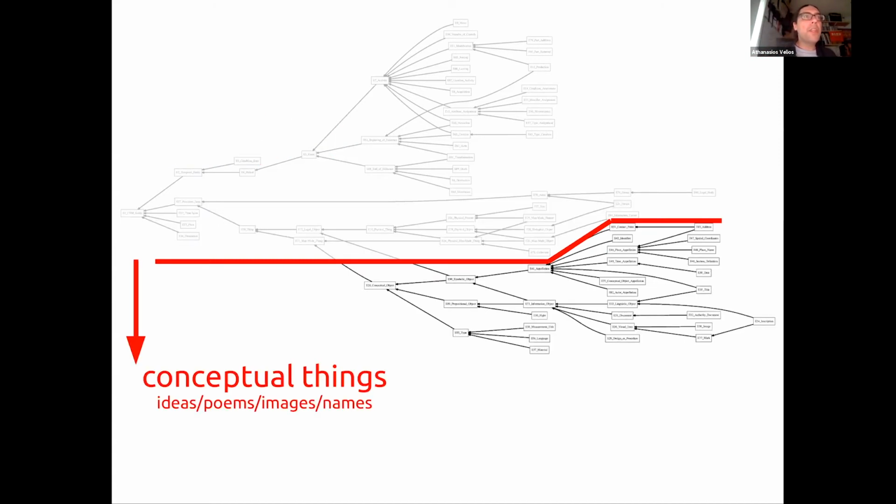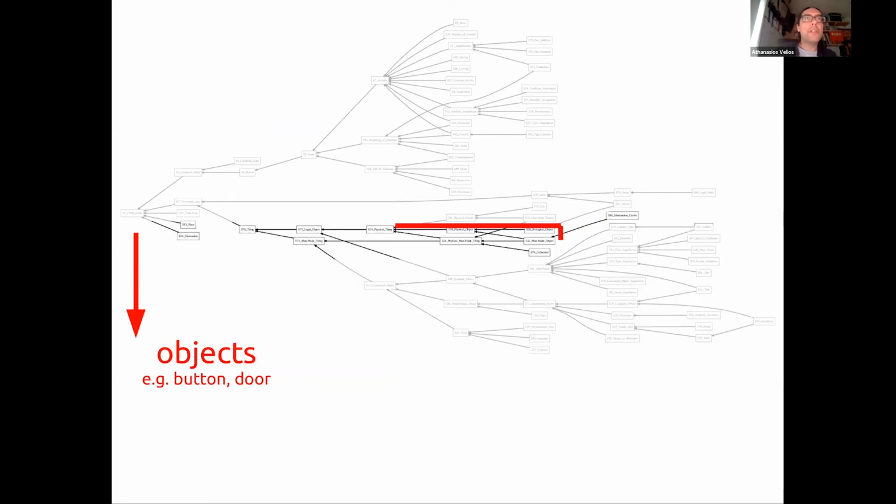And I have the conceptual things that do not have substance. I cannot hold a poem. I cannot hold an image. I can hold a photograph that has an image depicted on it, but the image itself is a thing in my brain. It doesn't exist in physical space. I can't hold a name. So the difference between physical things and things in my head is very important.